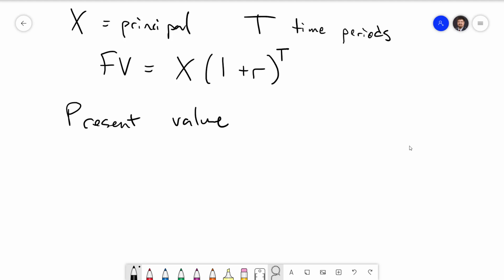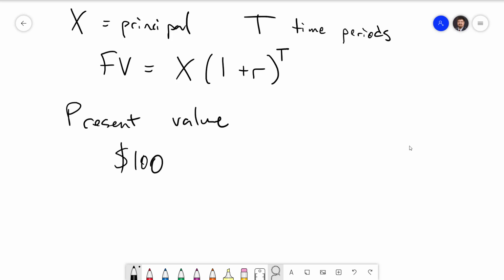Instead of getting $100 now and saving it for a few time periods, let's think about what would happen if we were to get the $100 sometime into the future. Suppose we got the $100 1 year from now. Had we received the $100 now, we could have put it into the savings account and generated 5% interest. Since we're getting this $100 in a year, we're losing out on that interest.